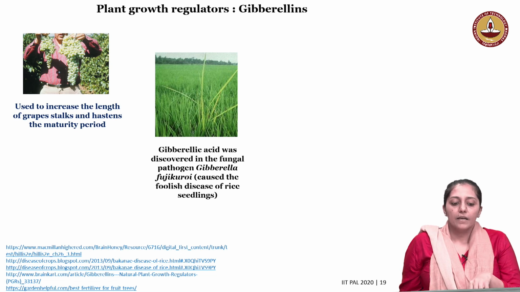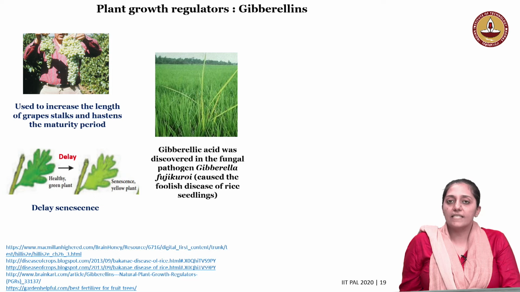Gibberellic acid is used in agriculture to increase the length of grape stalks. You can see the picture on the slide in the absence of gibberellic acid, and when gibberellic acid is sprayed, the wide difference in the length of the grape stalks.